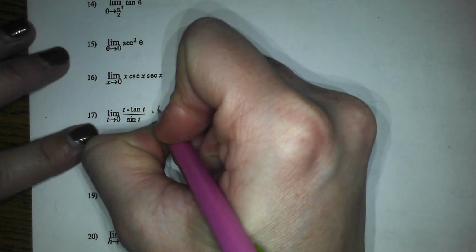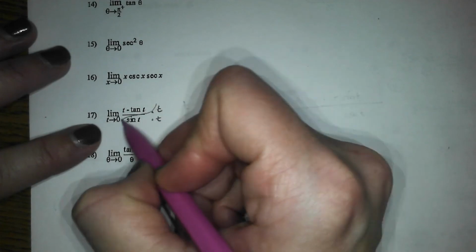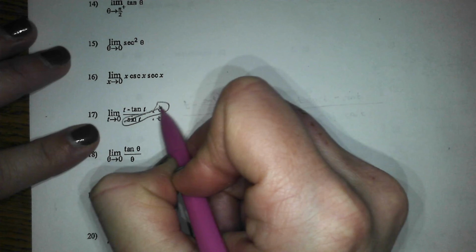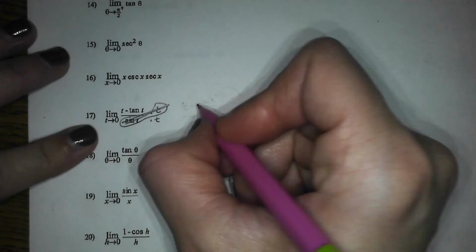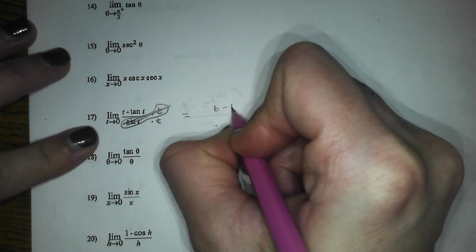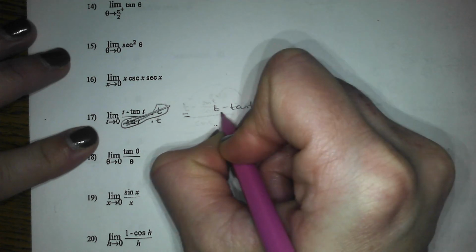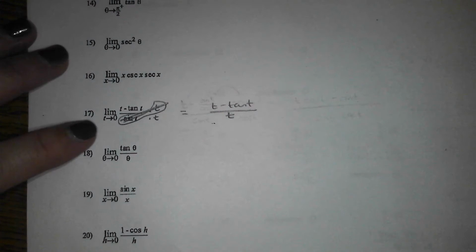I'm just gonna give the top a t and the bottom a t. Is that gonna work? So this t over sine t is gonna cancel. But then I end up with that again, which is still not helpful.